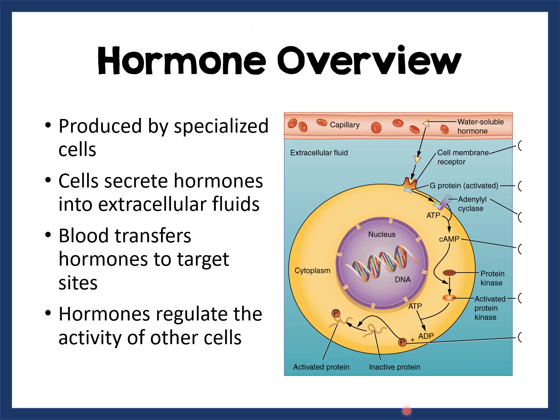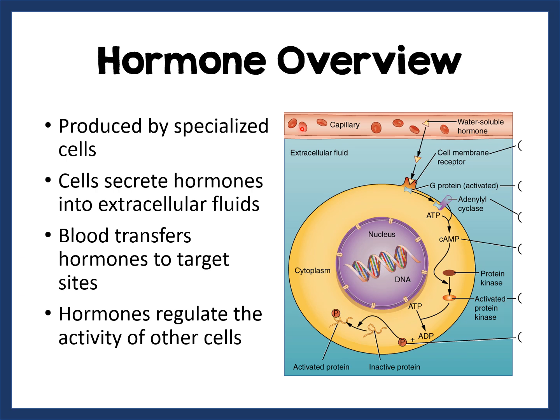So hormones are produced by cells that are specialized to make that hormone. Cells will secrete their hormone into the extracellular fluid that is surrounding the cells. And then that hormone will diffuse into a capillary bed and enter the bloodstream.